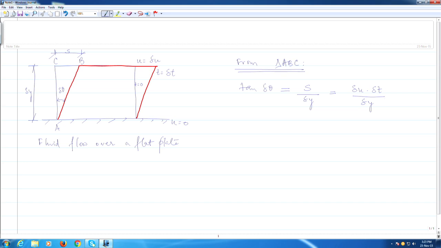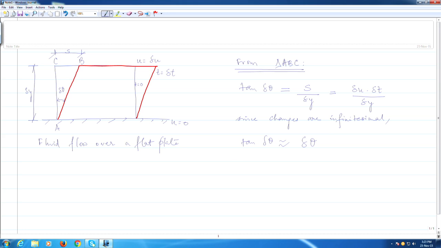Now, of course, here the changes are infinitesimal. So since changes are infinitesimal, what can we write? We can basically say that tan of delta theta, I can write that as delta theta, isn't it?